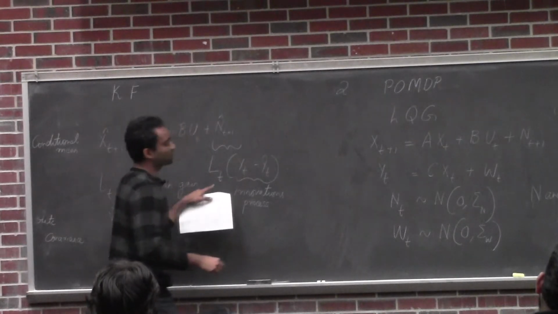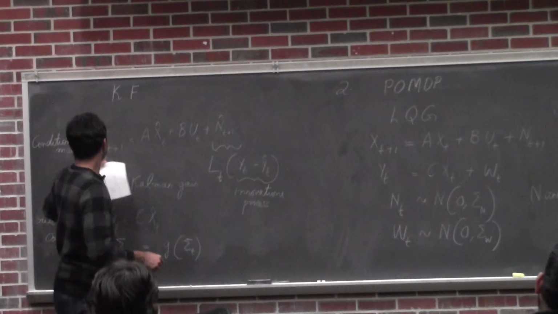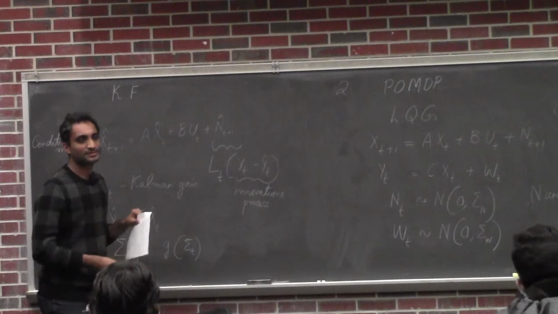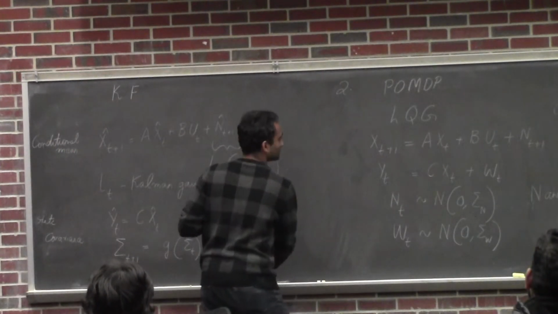Now we want an expression for L_t, right? Which is the Kalman gain, the gain that you have to apply at each time instant to get the best state estimate. Shall I erase this?